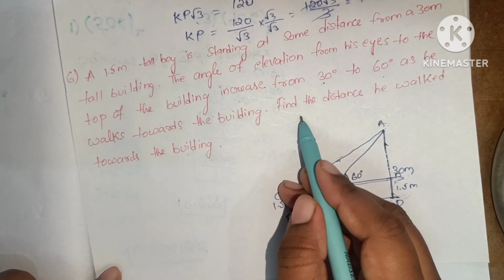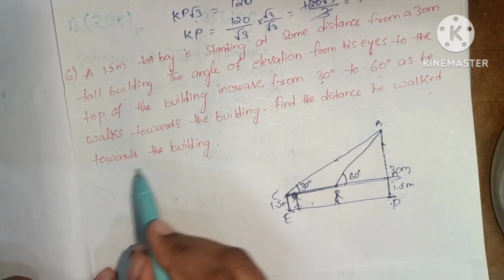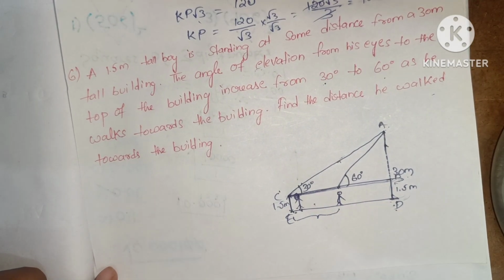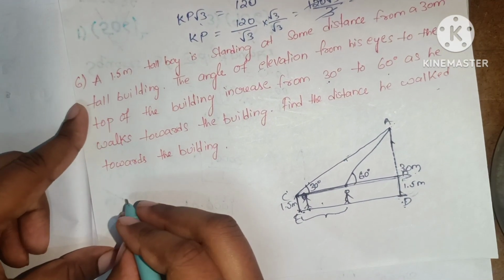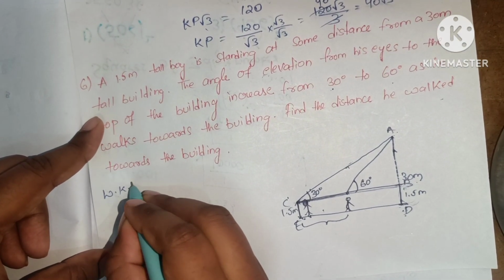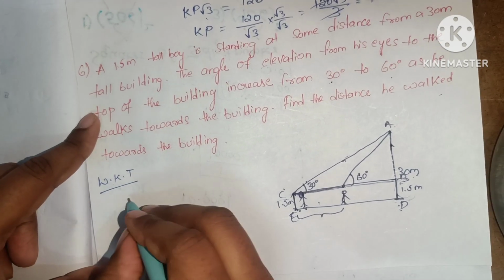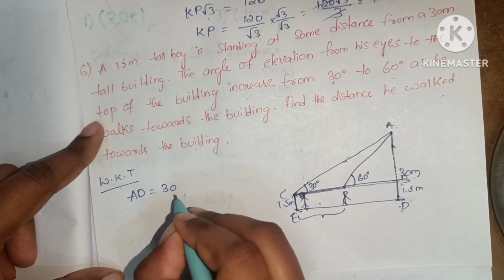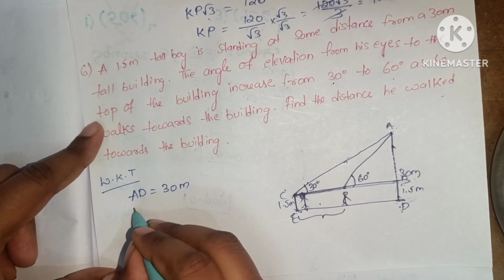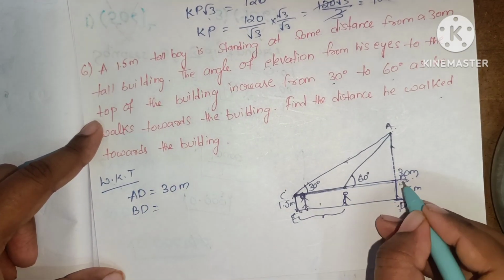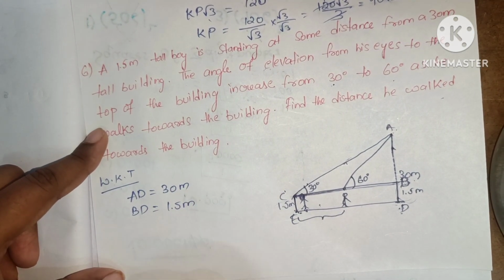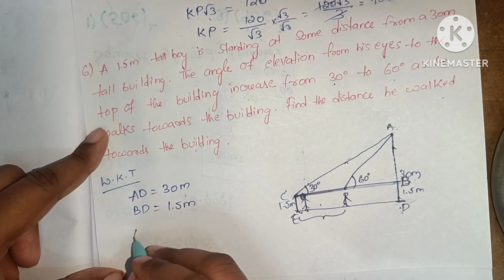So what he said: find the distance he walked towards the building. So he was asking for this distance. So what will you do now? We know that AD equals 30 meters, BD equals 1.5 meters. So AB, how much?